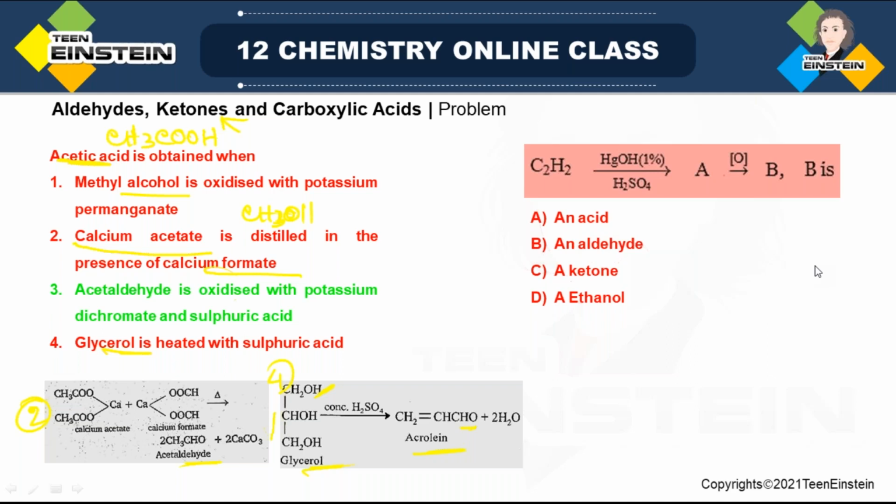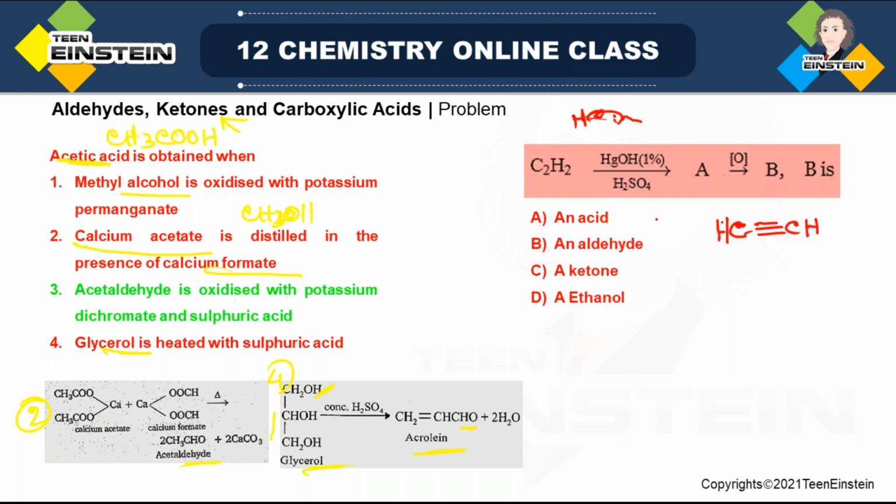So in this slide, one problem is left, and it is saying C2H2. Now C2H2 means acetylene. HC triple bond CH. First, we are treating it with Ag+ 1% and H2SO4.